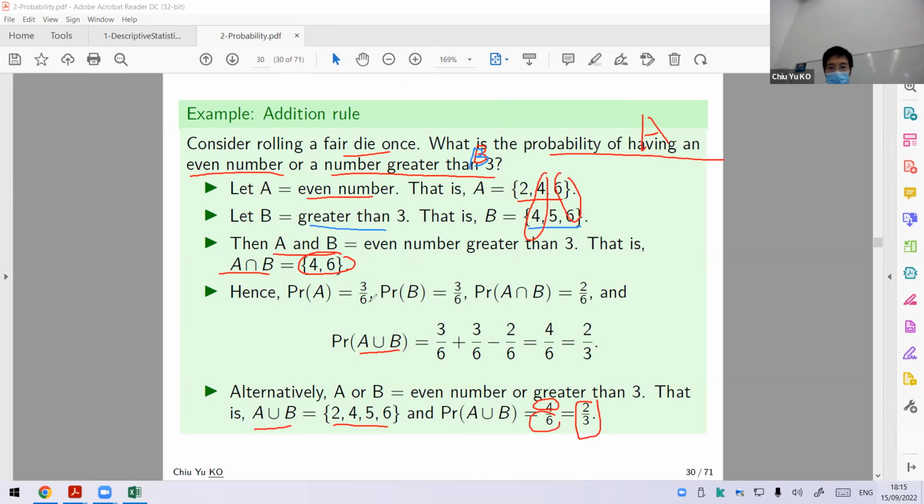We can find A is 3/6 because there are 3 outcomes here. B is 3/6 because there are also 3 outcomes here. A intersect B will be 2/6 because we have 2 outcomes. Therefore A union B will be A plus B minus A intersect B, which gives you the final answer of 2/3, which is the same.